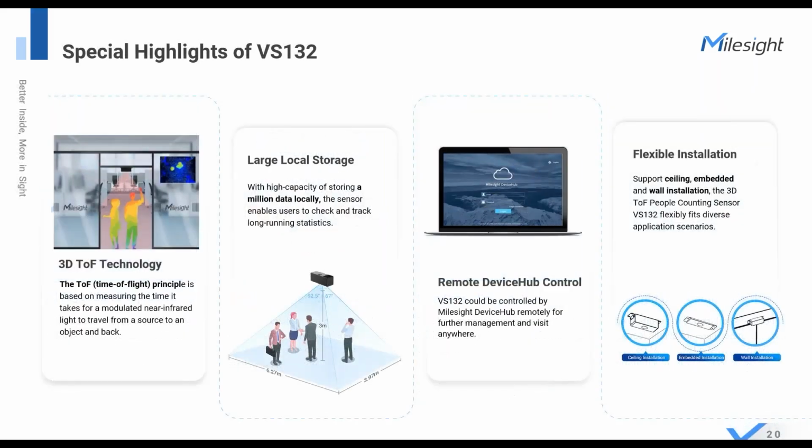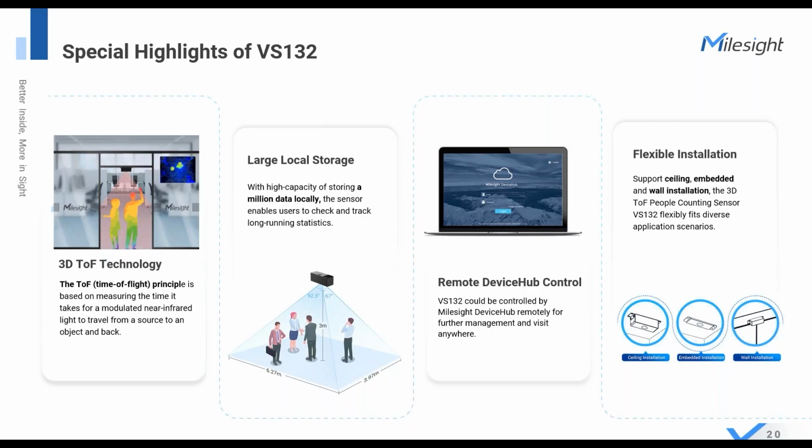Now, let's see what special highlights our VS132 has. Obviously, 3D ToF technology helps VS132 calculate phase differences, forming 3D depth information. This is for both accurate detection and anonymous people counting.